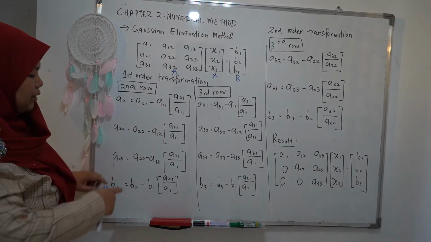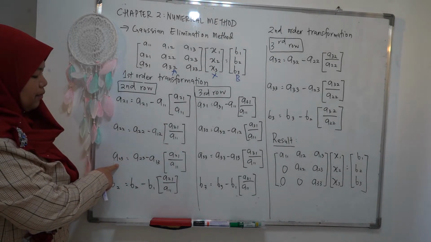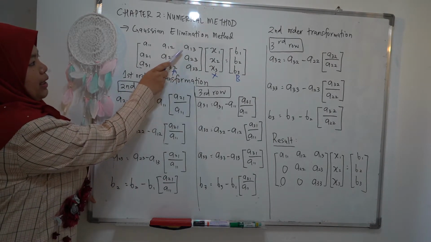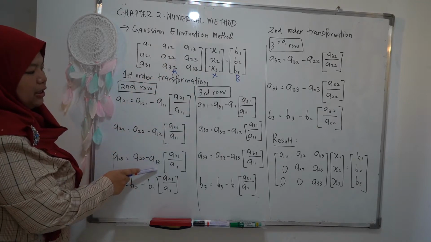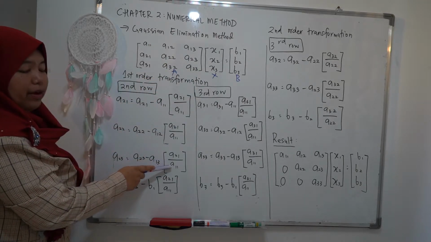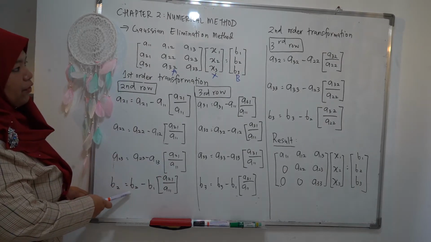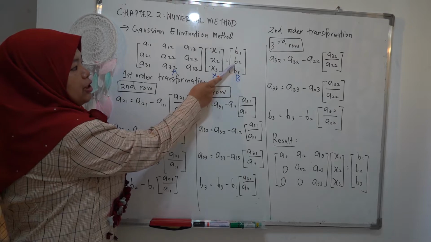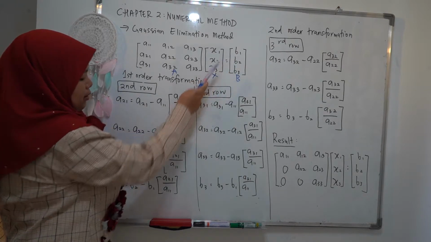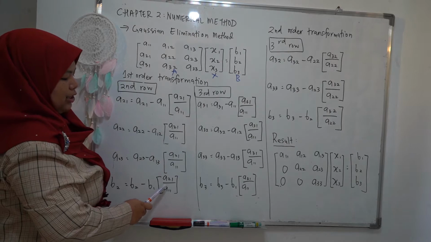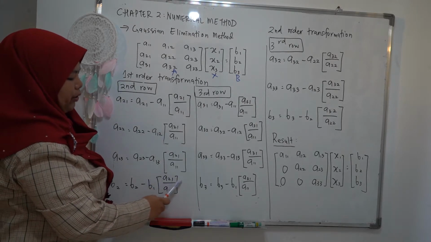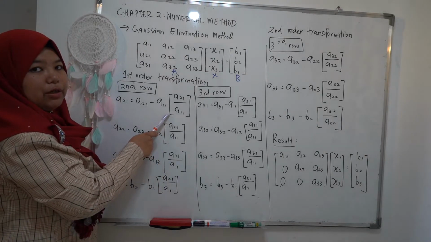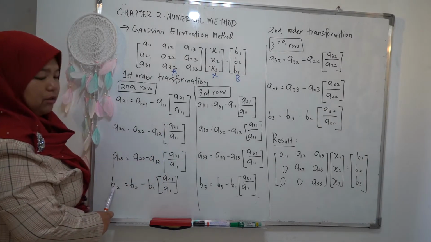For the third one, A23 equals A23 minus A13 times A21 over A11. For the last one, B2, same as before: B2 minus B1 times A21 over A11. The multiplication is the same from the first one, so we just follow it until B2.